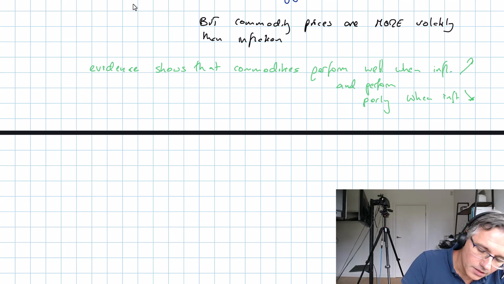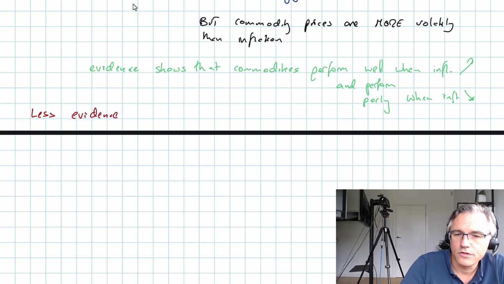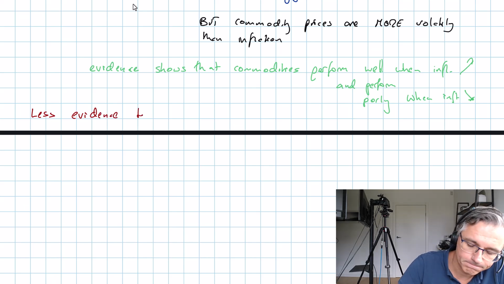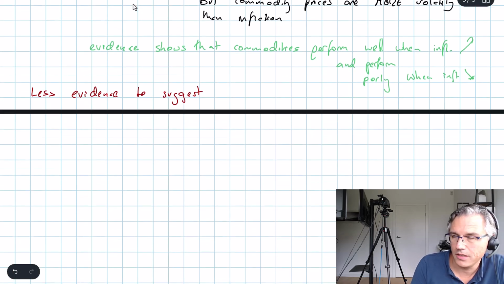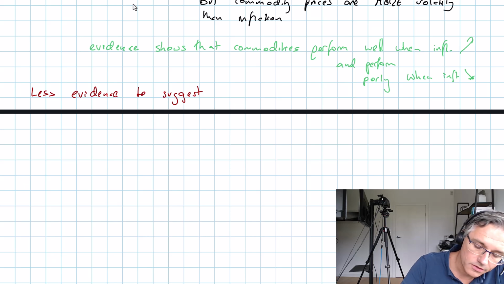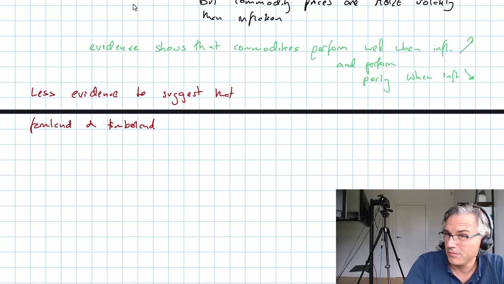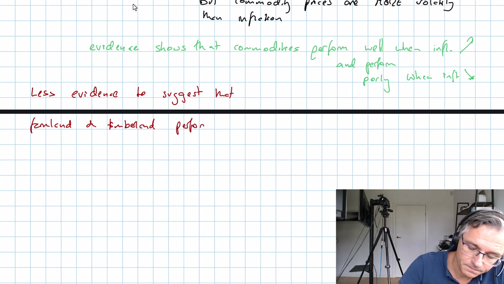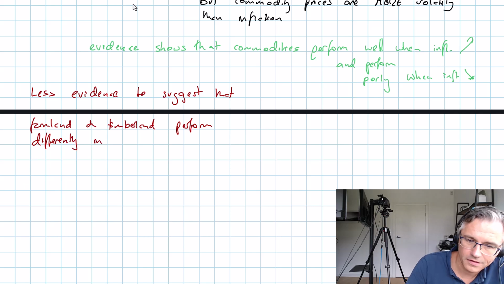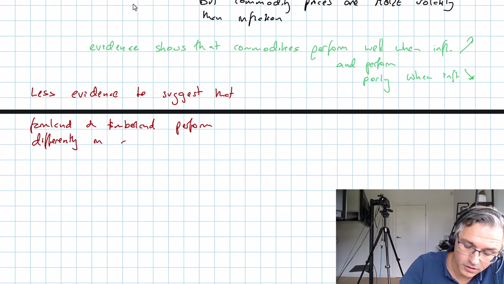There is definitely less evidence to suggest that farmland and timberland perform in a similar way, to suggest that farmland and timberland perform differently in different inflation environments.